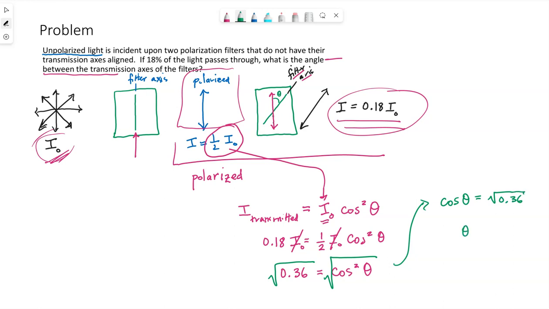So when I take the inverse cosine of both sides, I'm getting 53 degrees. So to get the 18% through, those transmission axes had to have had an angle of 53 degrees between the two of them.